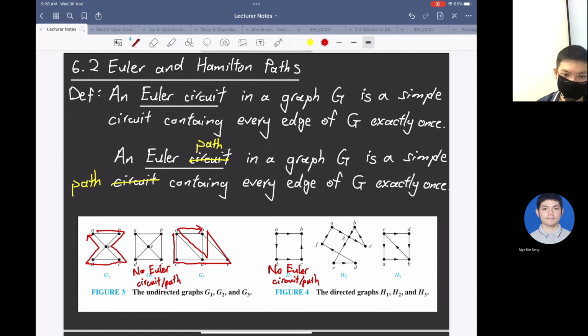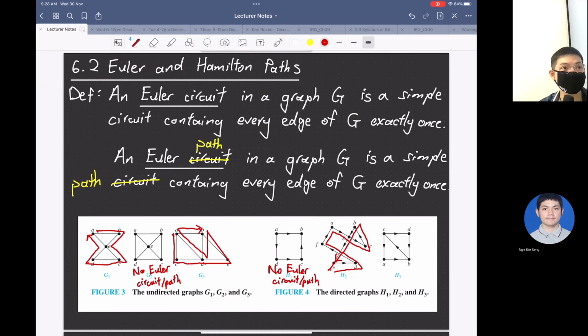How about H2? H2 you can find an Euler circuit. Which one you want to start? You can start anywhere, I think. Yeah, let's try walking around this path. There's only one way to walk.